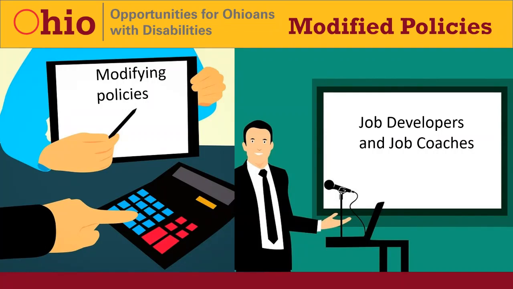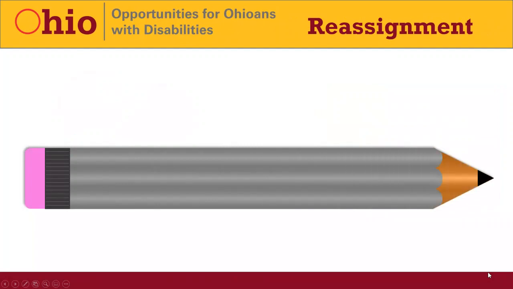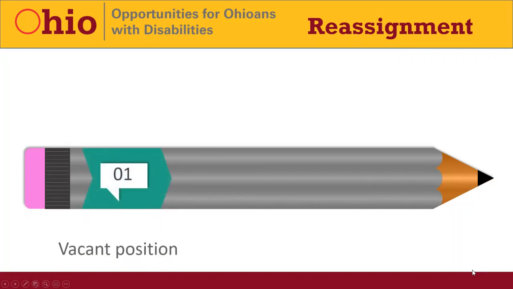And our final category is reassignment, which is known as the reasonable accommodation of last resort. So what does that mean? Dennis, this accommodation involves reassigning an employee with a disability to a vacant position, and it's considered when an employee with a disability is not able to perform the job's essential functions with or without a reasonable accommodation because of the disability.